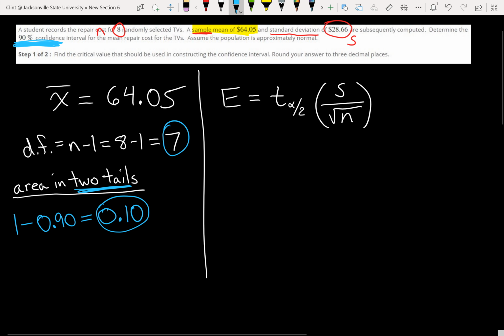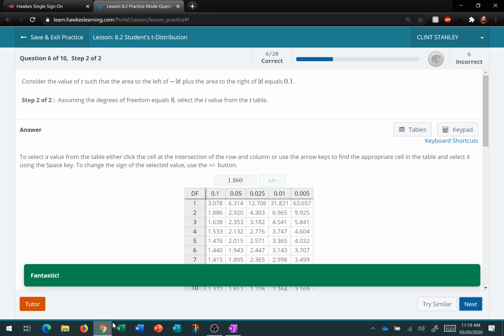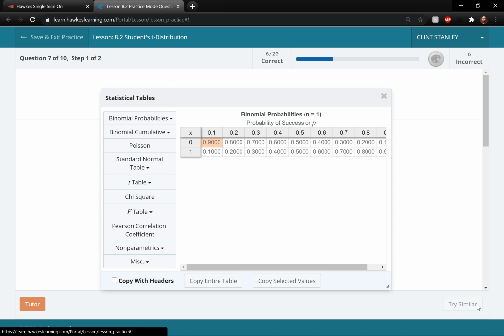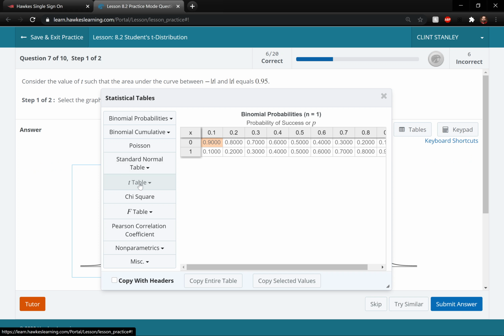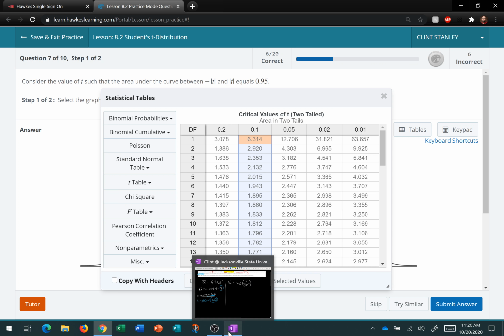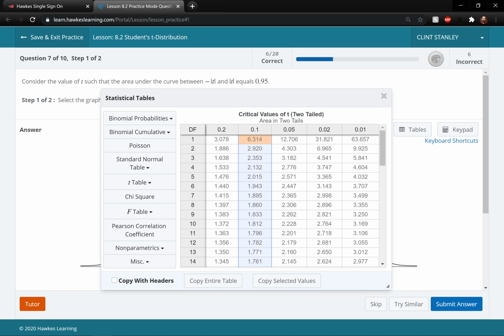So we can go to the tables in Hawkes, and these are the tables I'm talking about. So let me get this problem out of the way. Okay, so we go to the t table, and here I'm doing area in 2 tails just to save us a step. In 2 tails, we said our area was 0.1, and we wanted 7 degrees of freedom.